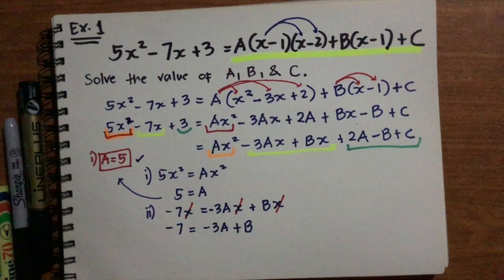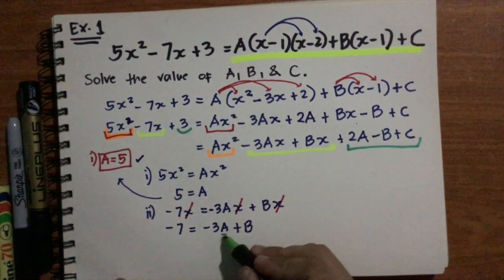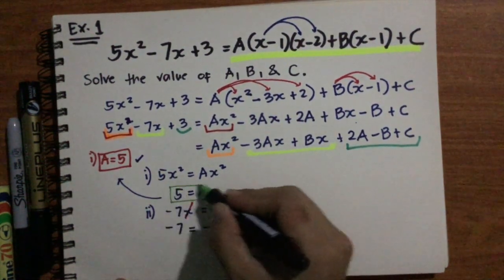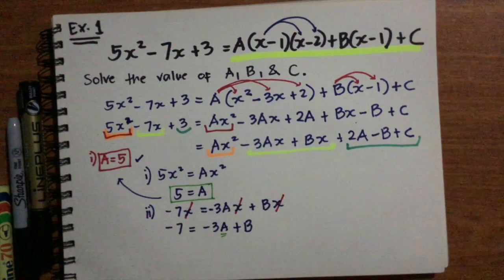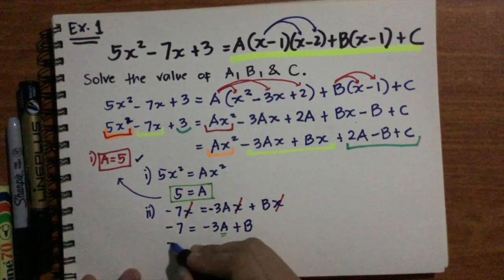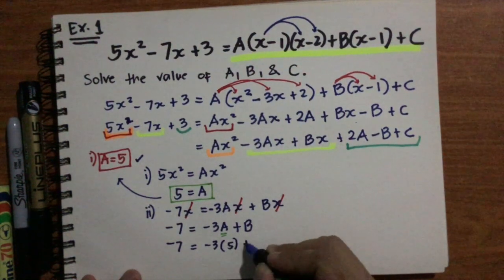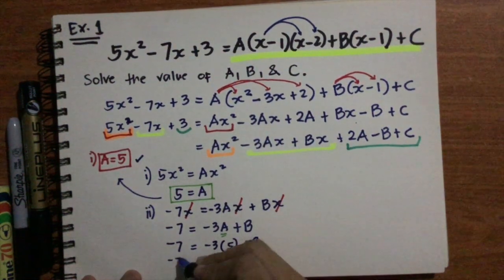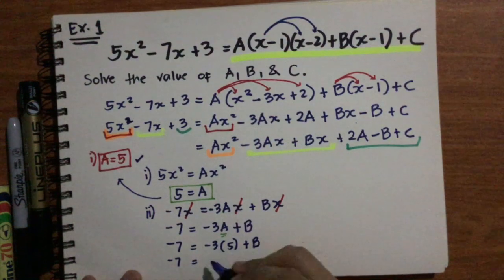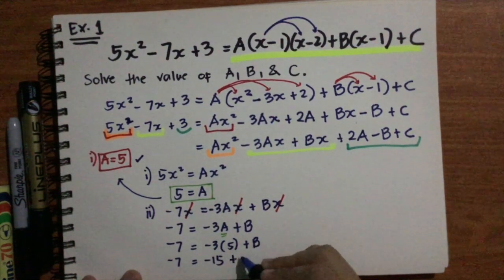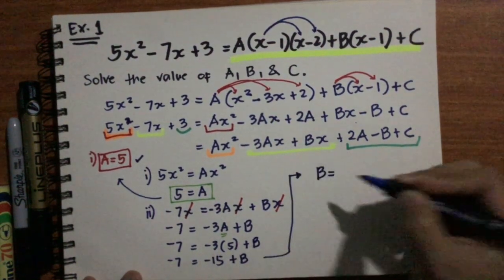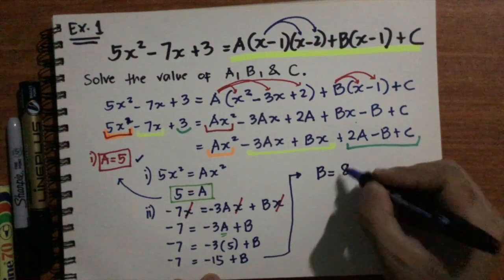But we know already what a is. We know that a is equal to 5. So therefore, we have negative 7 equals negative 3 times 5 plus b. And this will give us negative 7 equals negative 15 plus b. So b is equal to 8.